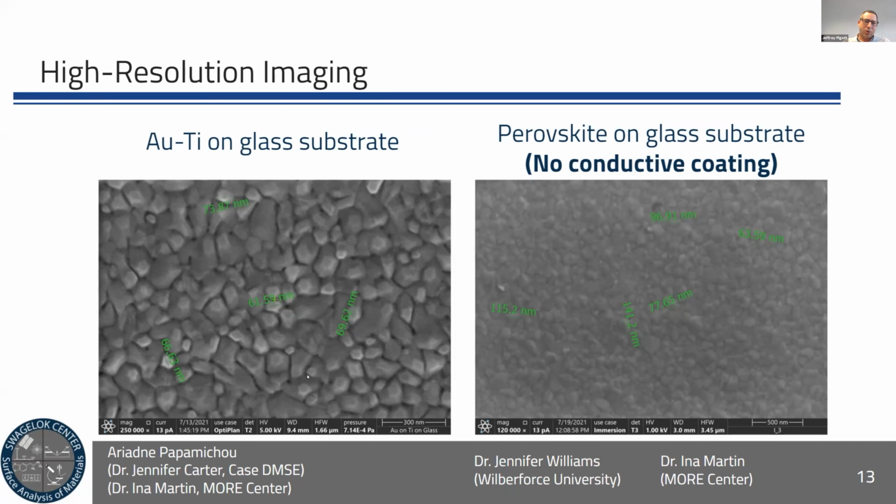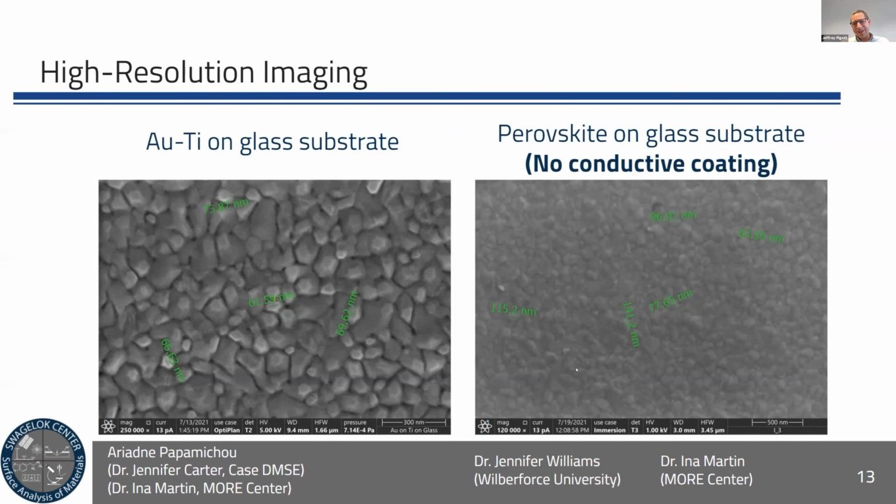So this is gold titanium on glass substrate for imaging the grain morphology and grain size. And then the feature that we really want to highlight can be demonstrated on the right. This is a perovskite sample on glass, again synthesized in the Moore Center over the summer by Ina Martin and one of her collaborators.